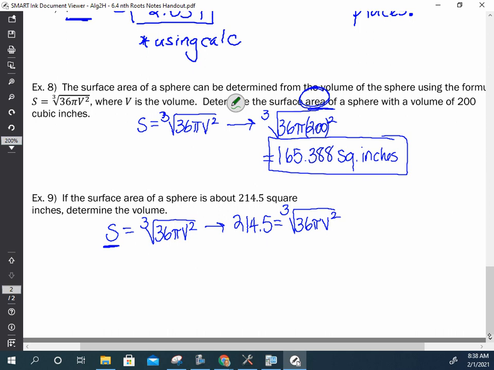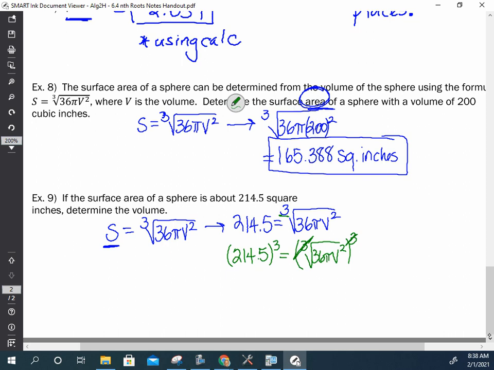First thing you need to do is to get rid of the cube root. To get rid of it, you raise both sides to the third power. A cube and a cube root will drop out.